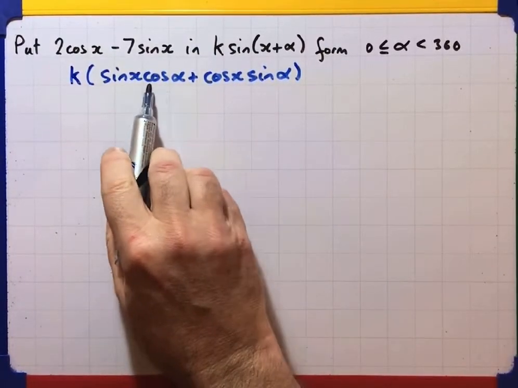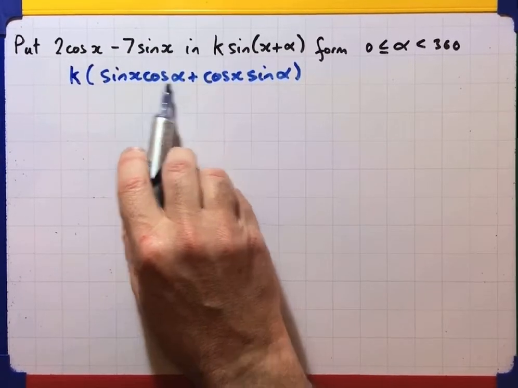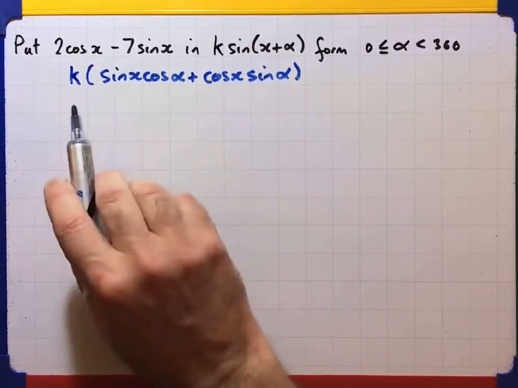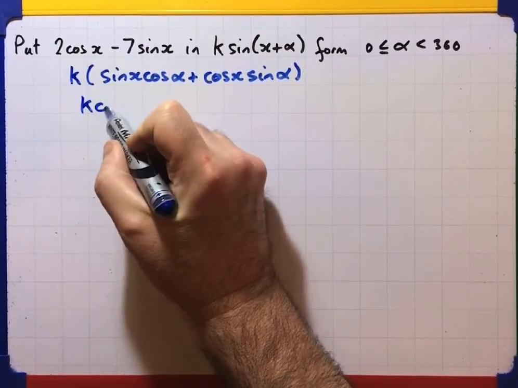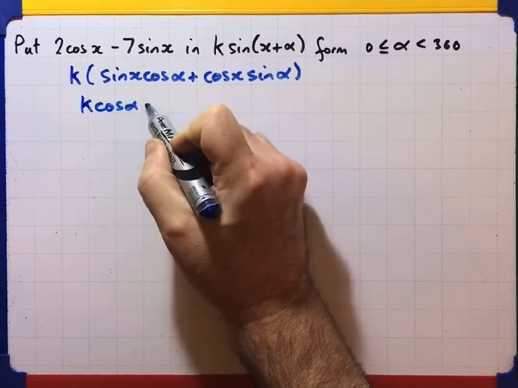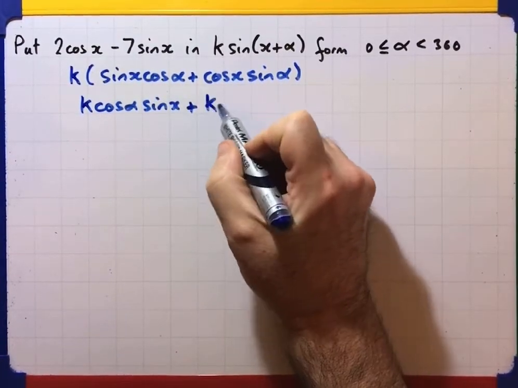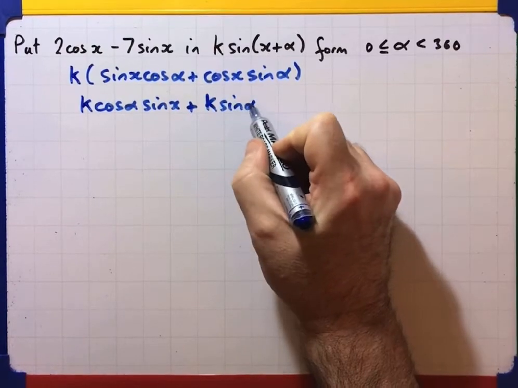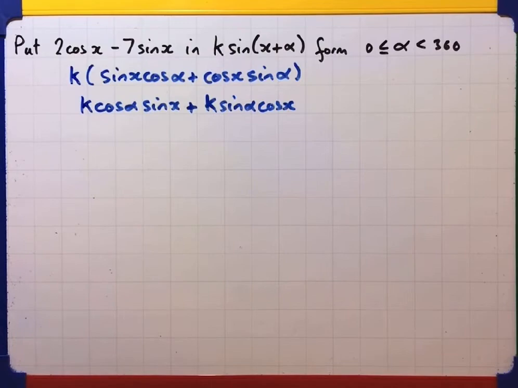Again, putting the constant bits, which are alpha and k, to the front of each bit gives me k cos alpha sin x plus k sin alpha cos x.